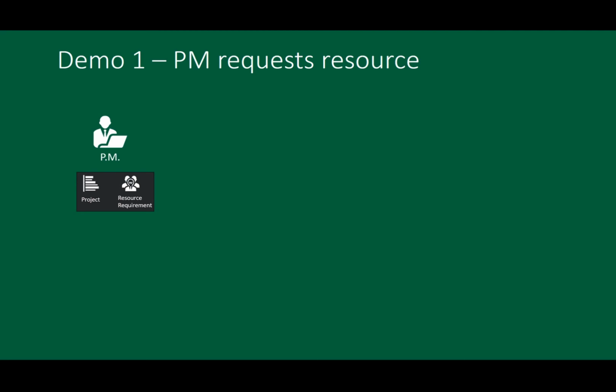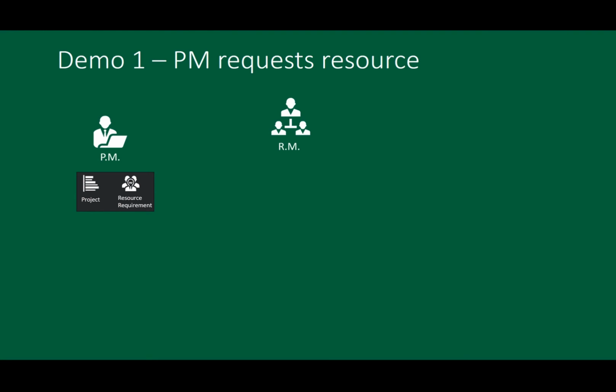The project manager actually creates a project. I have created a project before, just so that we save a little bit of time. I've got some tasks, and now I want to be able to generate my resource assignment, and then I want to be able to generate my resource request.